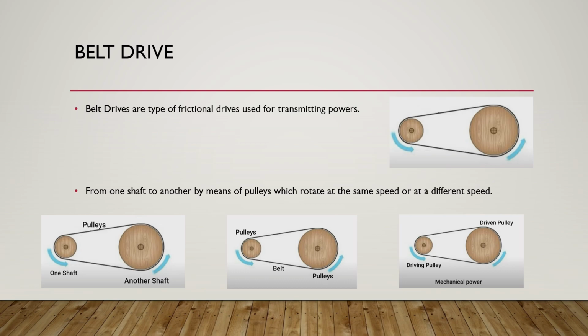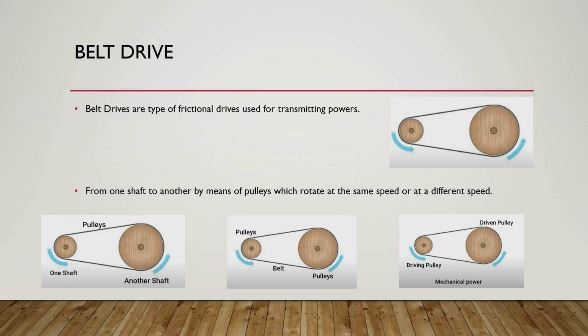So, belt drives. Belt drives are a type of frictional drives used for transmitting power. It is a pair of pulleys attached to usually parallel shafts and connected by an encircling flexible belt that can serve to transmit and modify rotary motion from one shaft to the other.